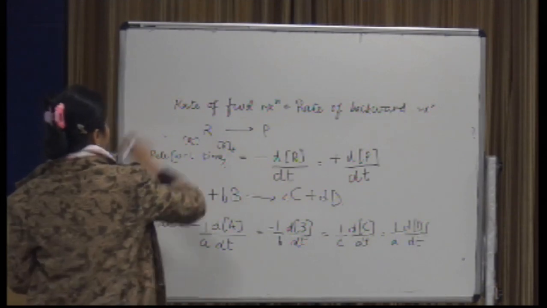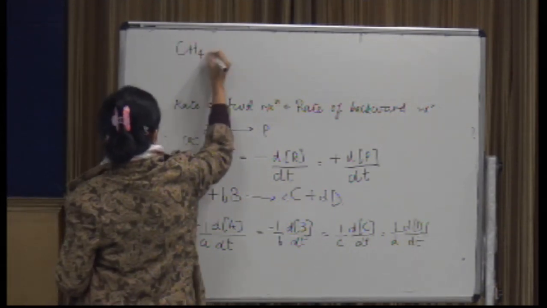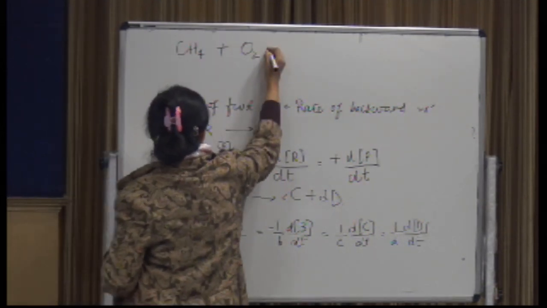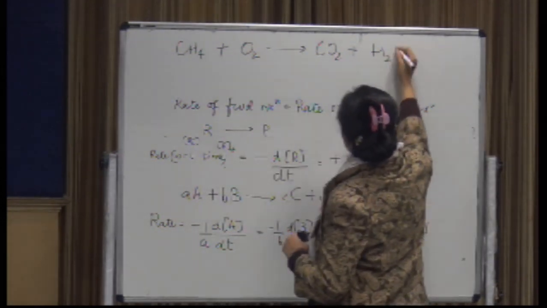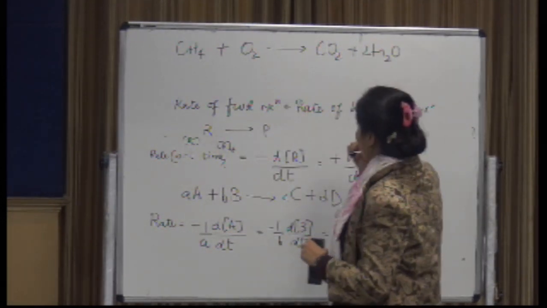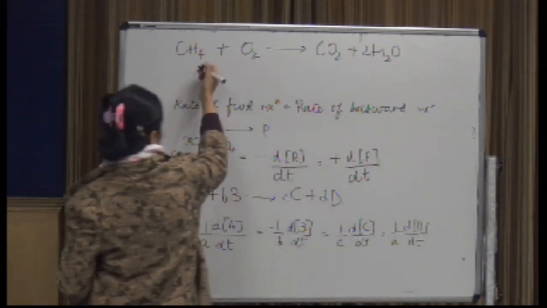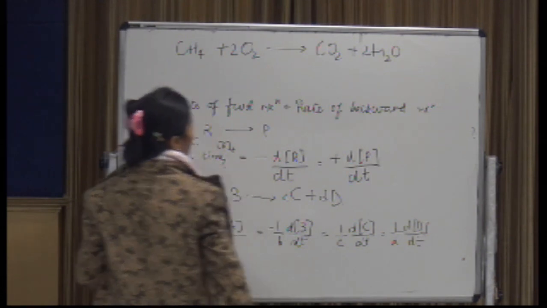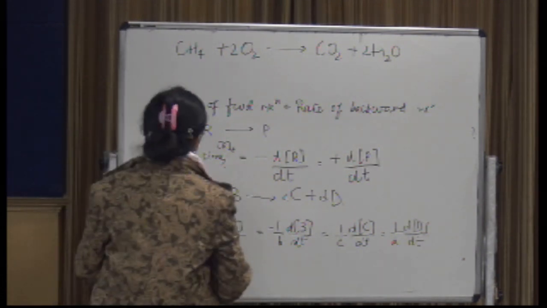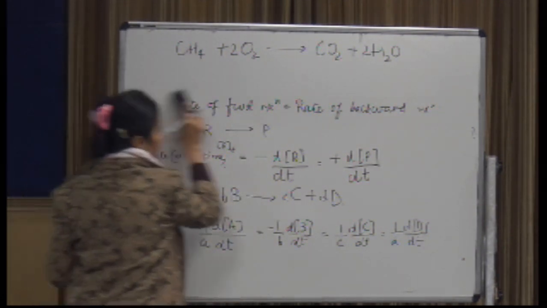Say if I talk about any reaction, CH4 plus O2 giving CO2 plus H2O. So then in that, 2H2O and 2O2, right? Write down the rates of this reaction as well.